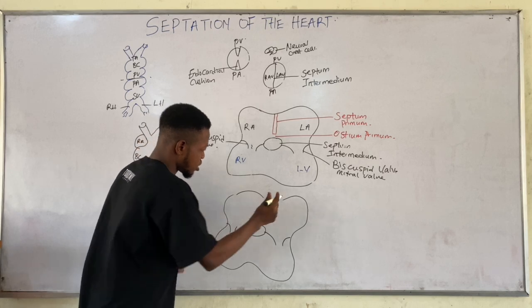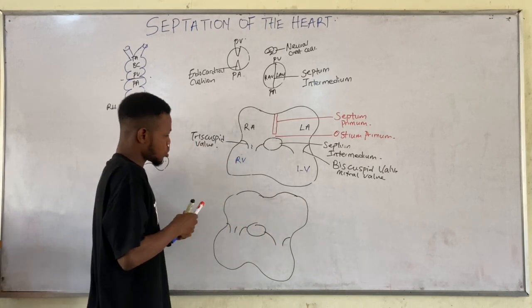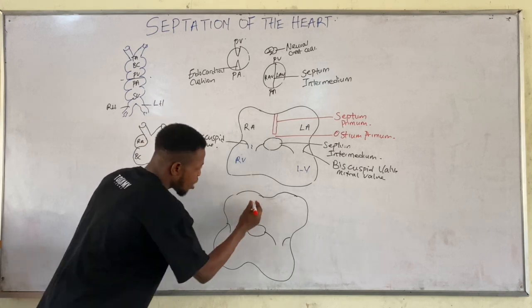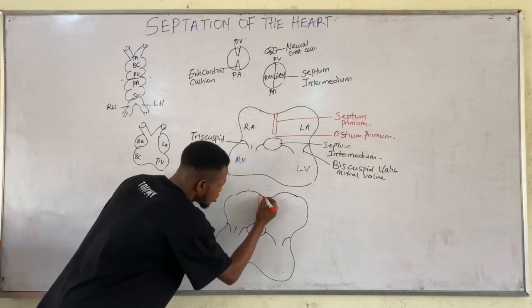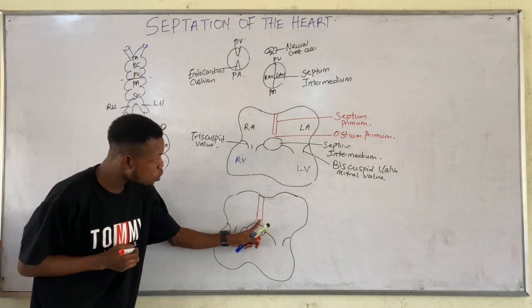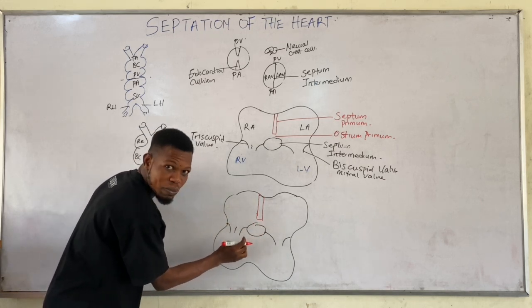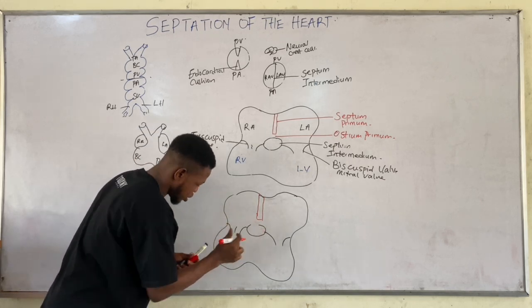So going off from the atrium is our septum primum. Now the space is what we call the ostium primum.